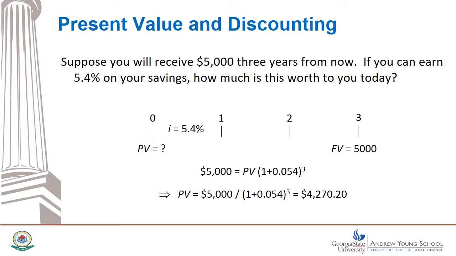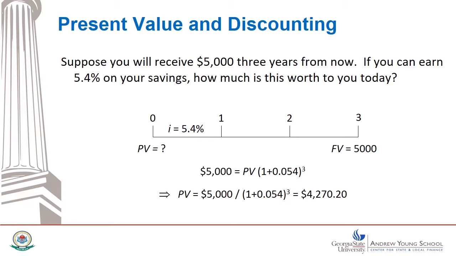$4,270.20 now is equivalent to $5,000 received at the end of 3 years if the initial $4,270.20 is compounded annually at 5.4%.